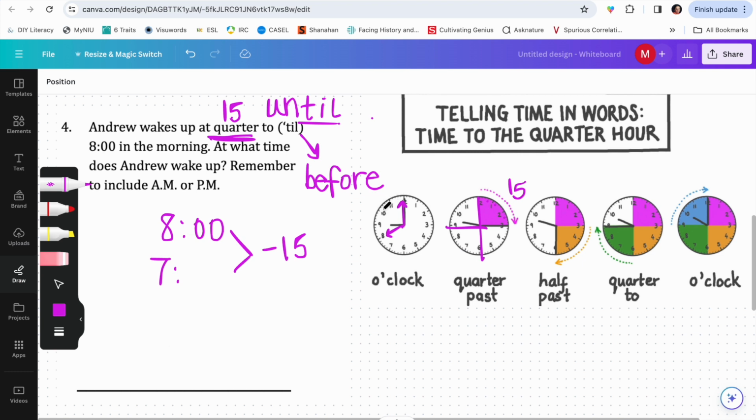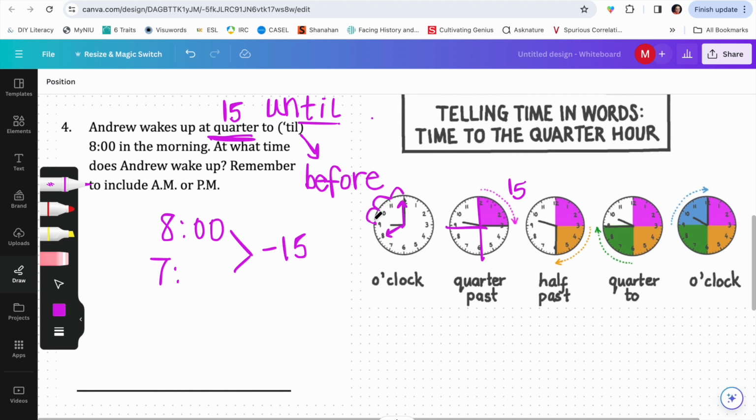Now let's count back 15 minutes and see what time that would be. We already know it's going to be 7 something. So let's count back by fives to see what the minute hand is going to be touching when we go back 15 minutes. Okay, so we're going to take a 5-minute leap, 5, and now we're at 10 and 15.